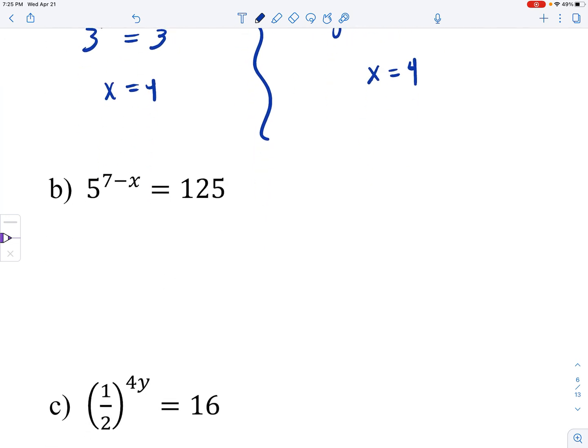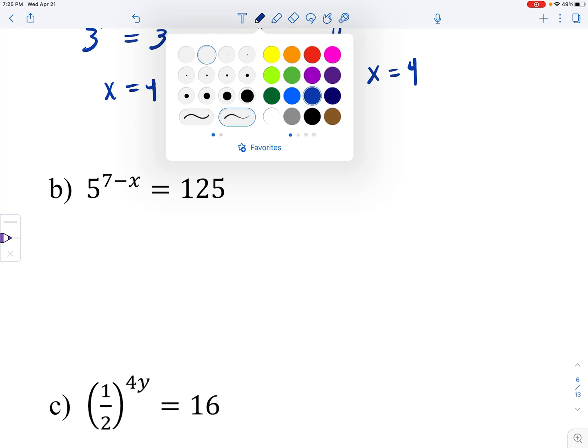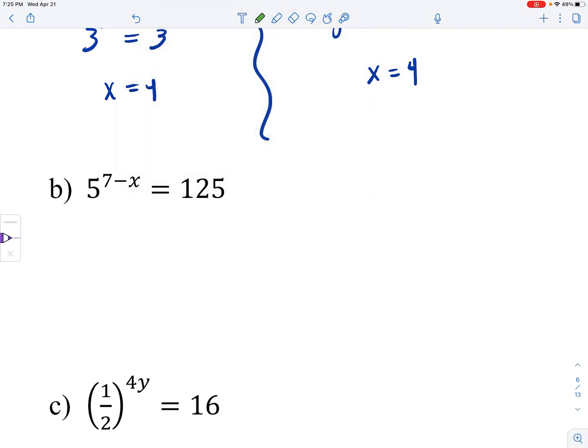Okay, same kind of option with the next equation. If you know that 125 can also be written as 5 cubed, that's great. And then you could say, okay, 7 minus x equals 3 by the one-to-one property.